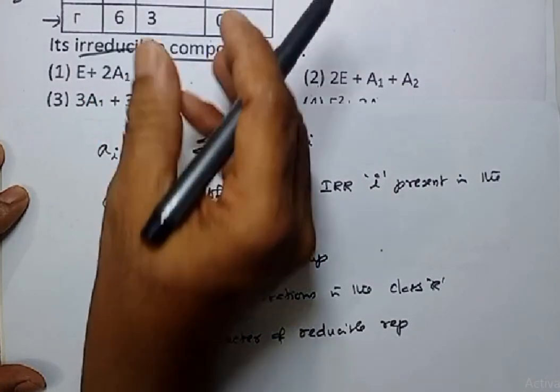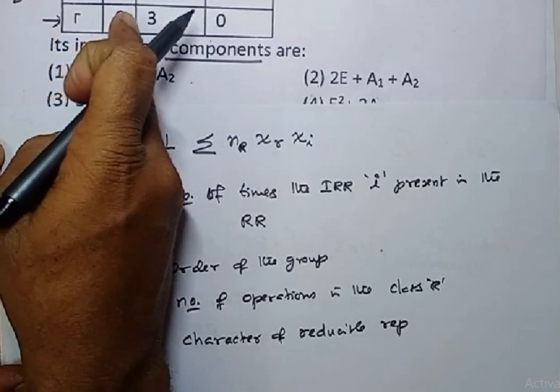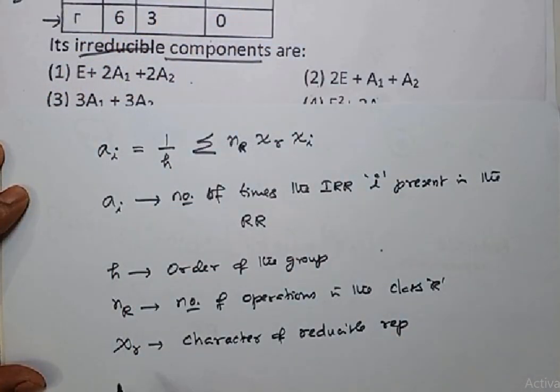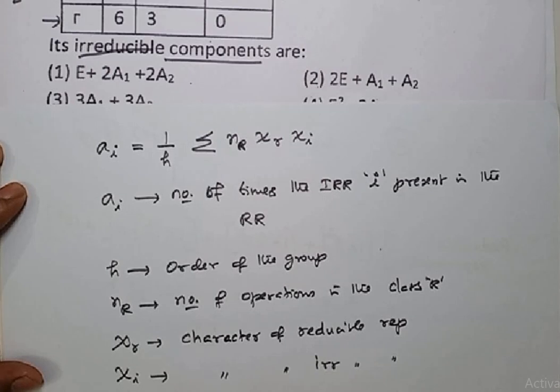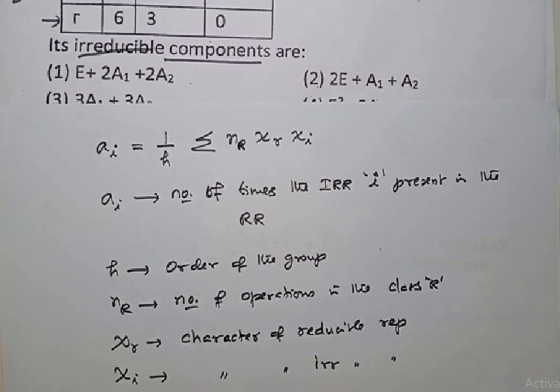These are all called reducible characters. And what is chi_i? Chi_i is the character of the irreducible representation. Take note, this is called the reduction formula.